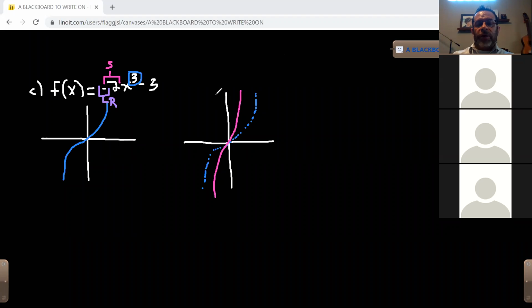So now we're going to reflect it, and the reflection is going to be this one here. So Andrea, the blue one is the original one. The pink one is multiplied by 2. The purple one, or the violet one, is multiplied by -2. Is that clear, Andrea? Yes, thank you.